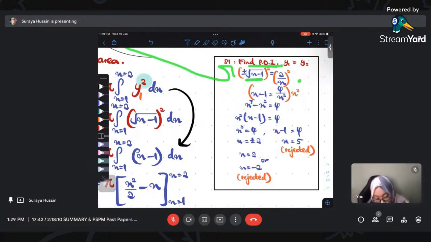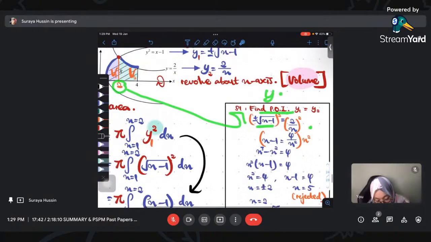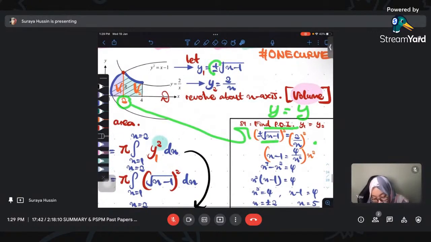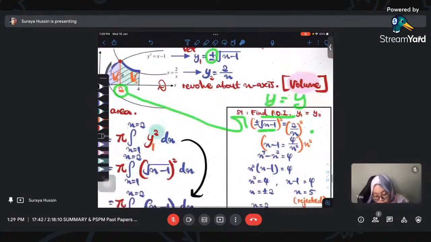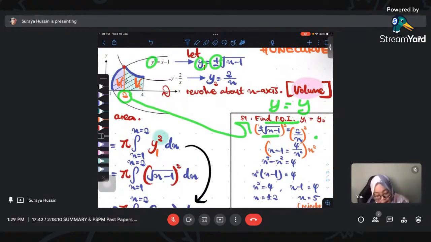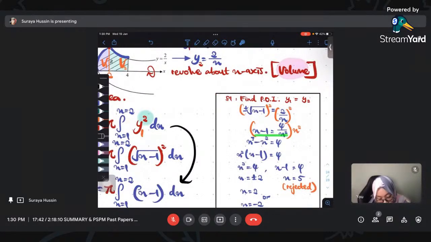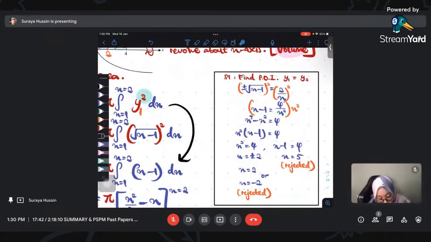Dah jadikan y equals to y kan. Function you have both lah, positive and negative, sebab you jadikan y sebagai subjek dari sini. And so bila dah square both side, dapatlah ni. And then you dapat banyak tau. You dapat 3 value of x.